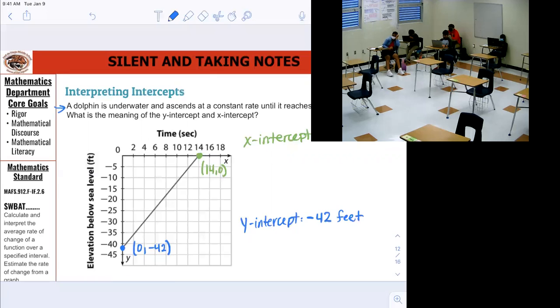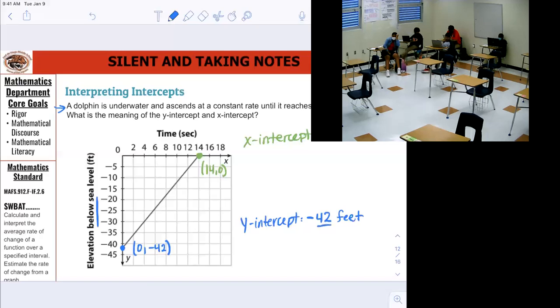So let's talk about that. Why is the y-intercept negative 42 feet? Because the dolphin is underwater. Exactly, because the dolphin is underwater and this is measuring the elevation below sea level. So if I'm at negative 42 feet, this means that the dolphin is 42 feet underwater.